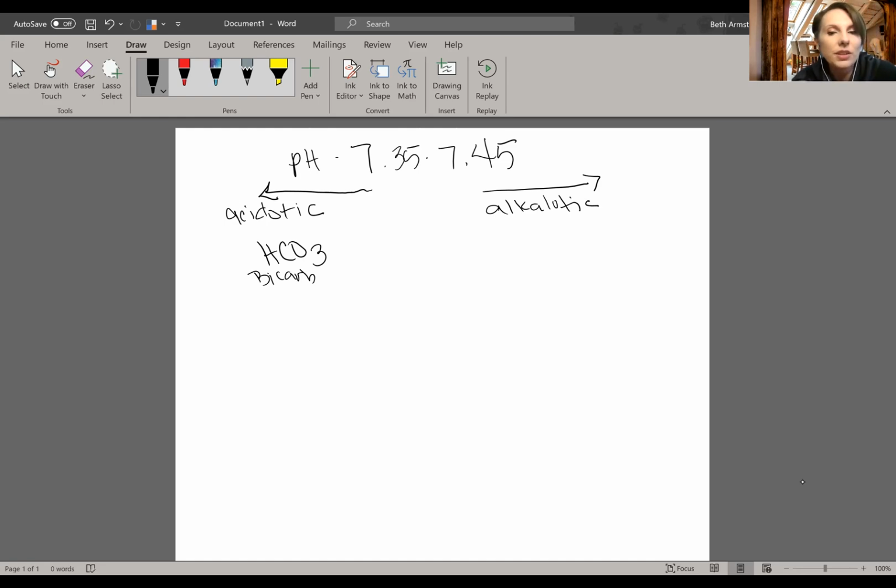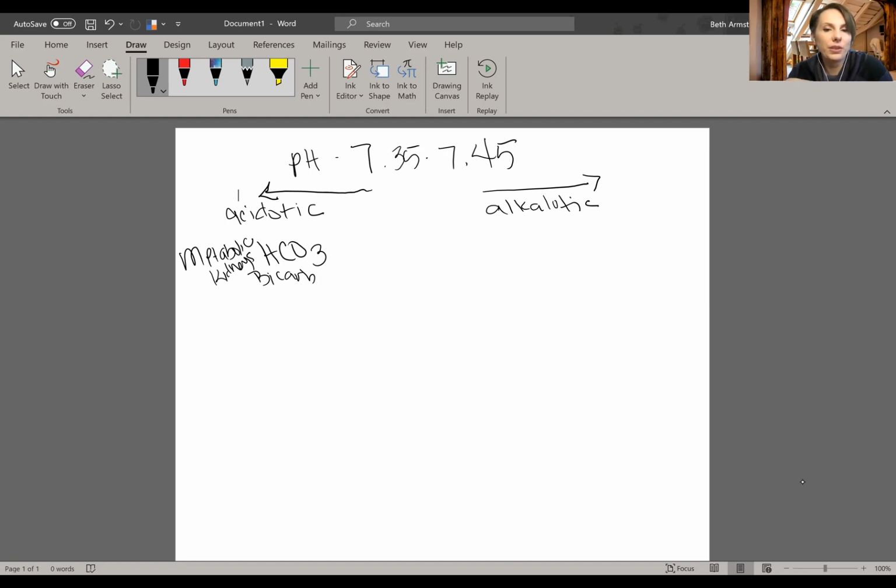Where does the bicarbonate originate from? It's the metabolic aspect, and it's a base. Good. It's metabolic, but it's coming from our kidneys. That's where it becomes our metabolic aspect. So that's our bicarb.